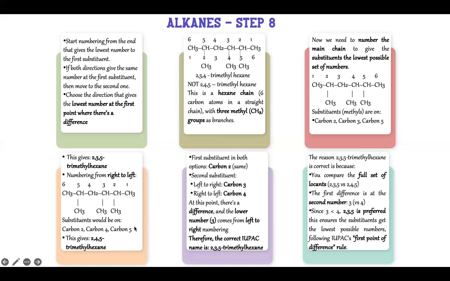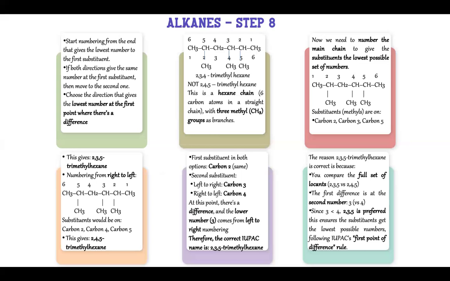The first substituent in both options, carbon 2, is the same. The second substituent from left to right is carbon 4, and from right to left is carbon 3. At this point there is a difference, and the lower number, 3, comes from the right to left numbering. Therefore, the correct IUPAC name is 2,3,5-trimethylhexane.